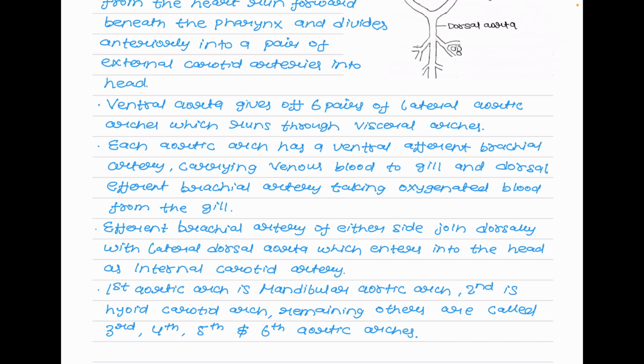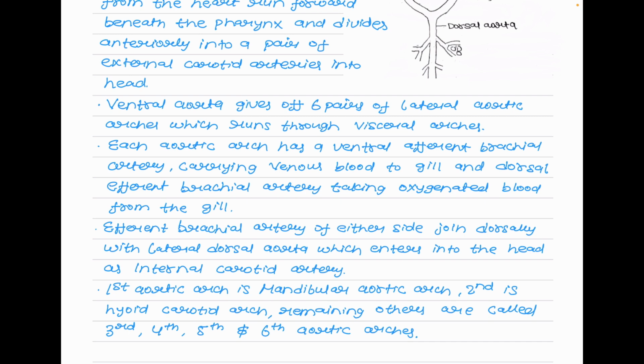The first arch is the mandibular arch, the second is the hyoid arch, and the rest are numbered aortic arches, which are the third aortic arch, fourth aortic arch, fifth aortic arch, sixth aortic arch. In the embryonic aortic arch system of vertebrates, blood flow begins from the heart, from the ventricle, which pumps deoxygenated blood into the conus arteriosus.